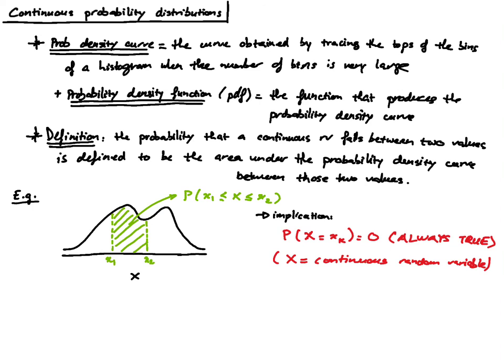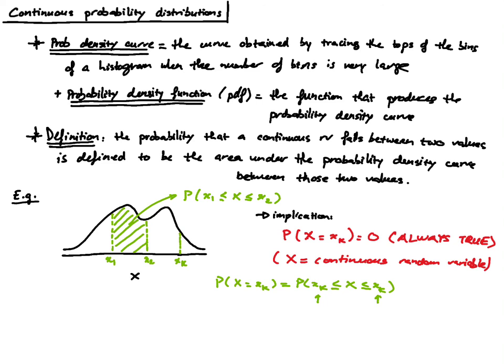Now, I can write the probability that x is equal to xk as the probability that xk is less than or equal to x, less than or equal to xk. And suppose that xk on this graph is right here. So this is my x sub k. Now by definition, this probability is the area under the curve between xk and xk.